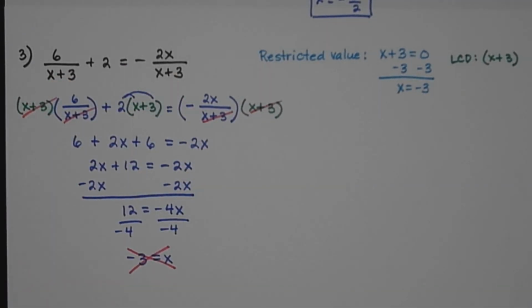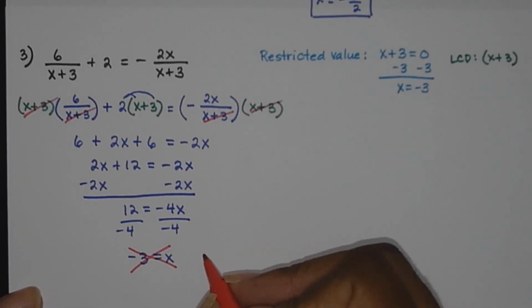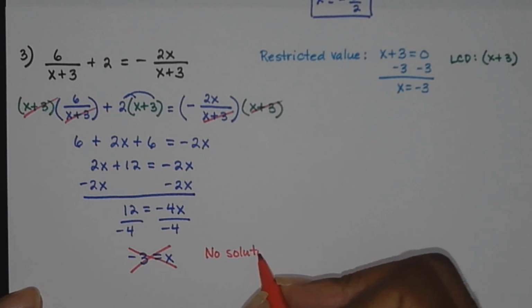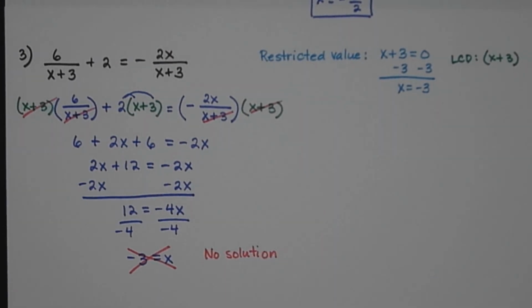So that means that this rational equation has no solution. Now, I will warn you, don't expect to get an equation where the answer is going to be no solution. Okay, you might even get a solution that is different from your restricted value. Okay. Are there any questions about number 3?